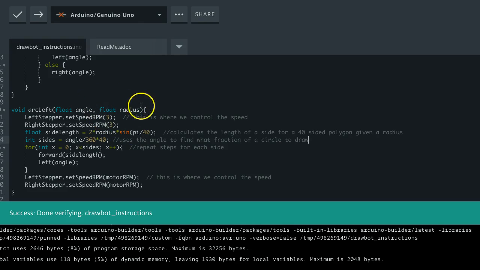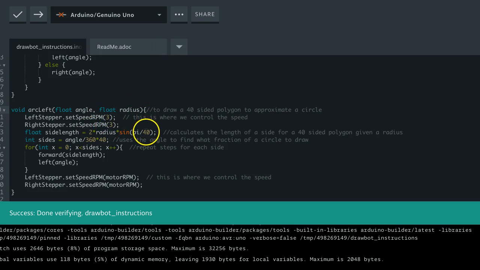And then we could say the purpose of this function is to draw a 40-sided polygon to approximate a circle. These are things you can do to help yourself out when you come back later.